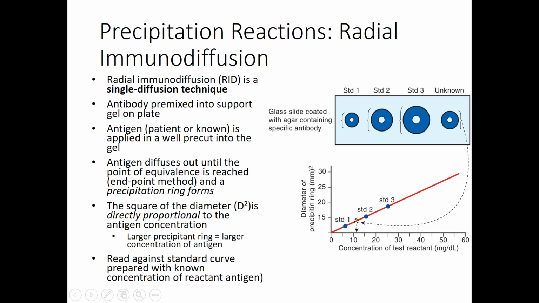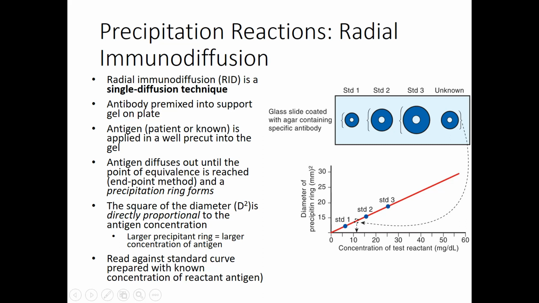You put it in a little moist chamber and you let it sit and you let it do its job at room temperature. The antigen and the antibody want to meet up. So the antigen starts diffusing through the gel just passively.